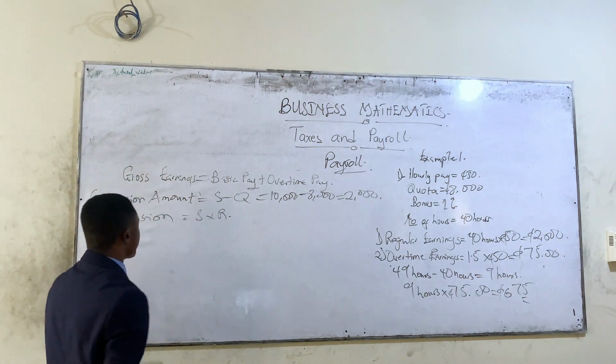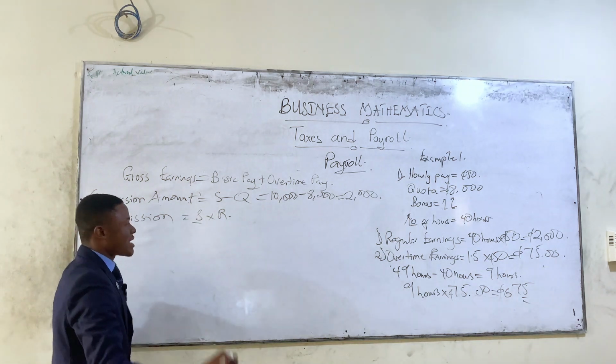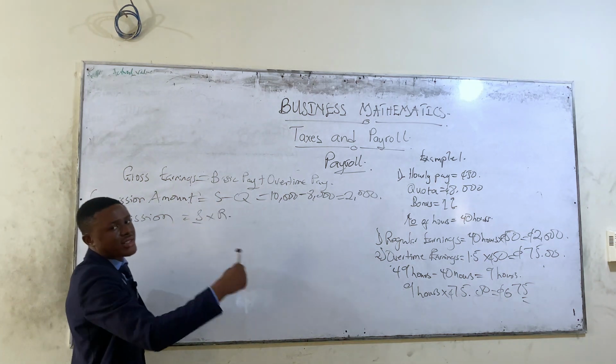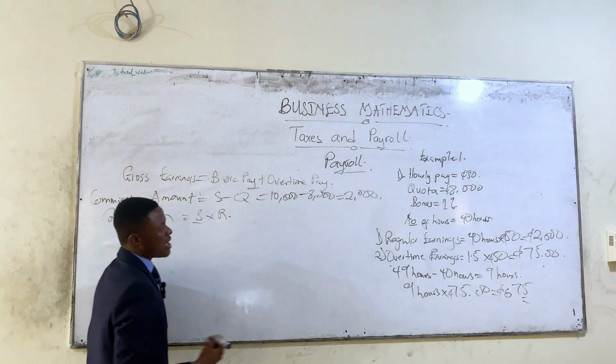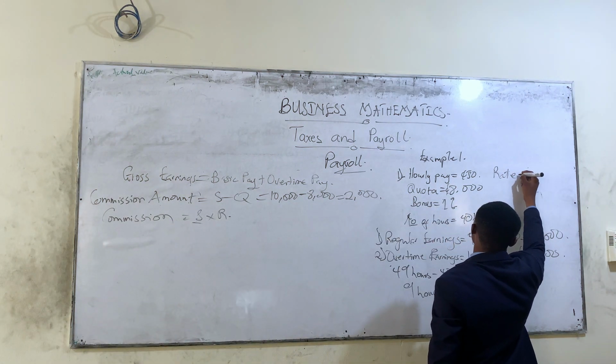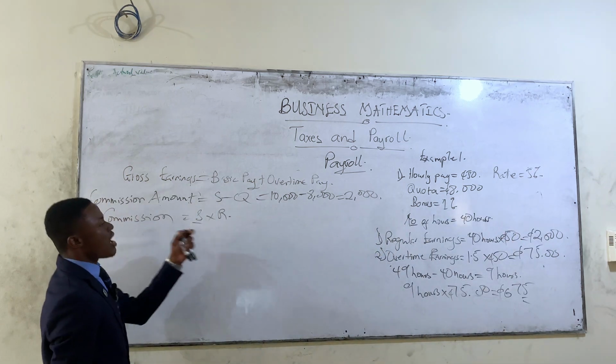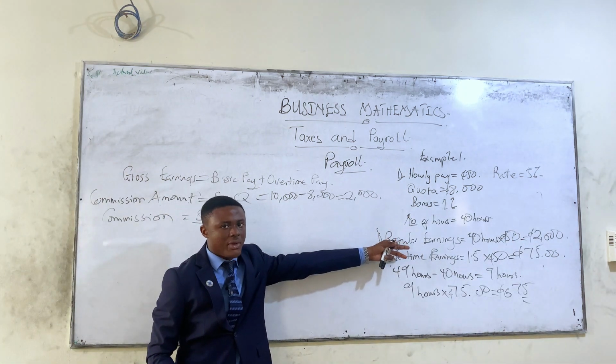So our commission will no longer be sales times rate, but commission amount times rate. Our rate was given to be 5%. Are we good?